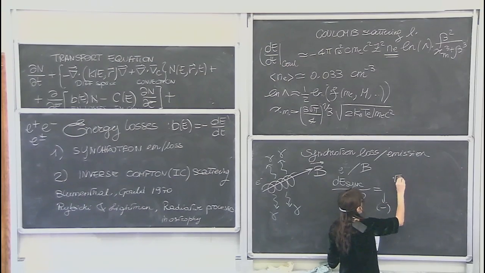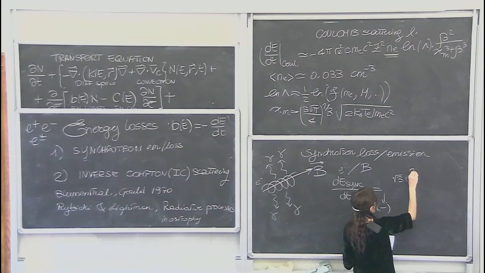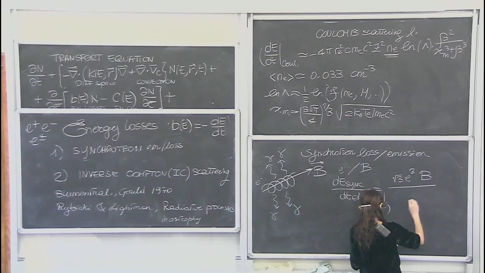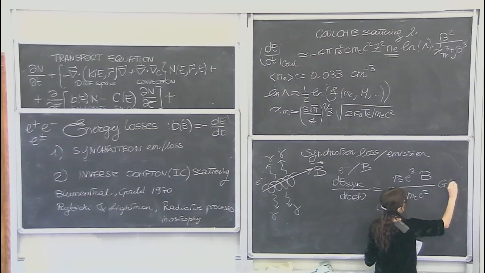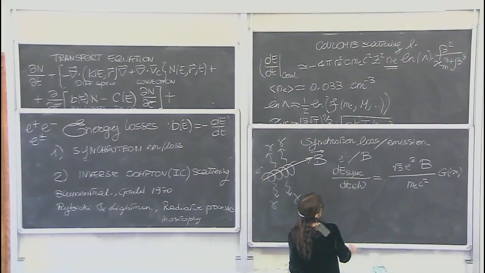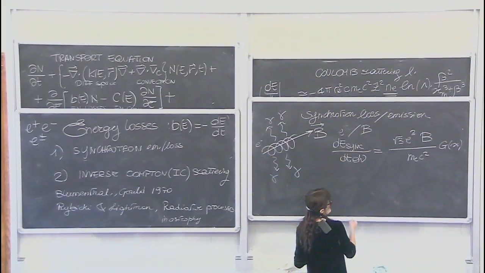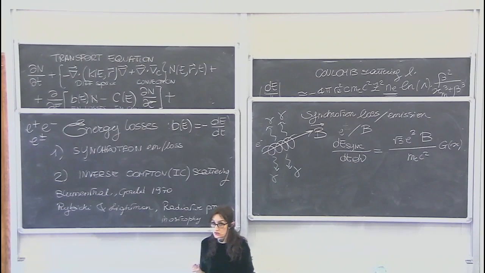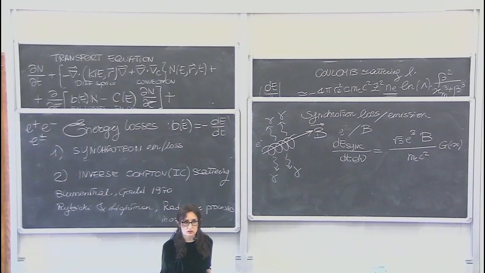And this is the square root of 3, the charge cubed, the magnetic field, divided by the mass of the electron, times a function. What I want to underline here is the dependence of this loss or emission on the magnetic fields.